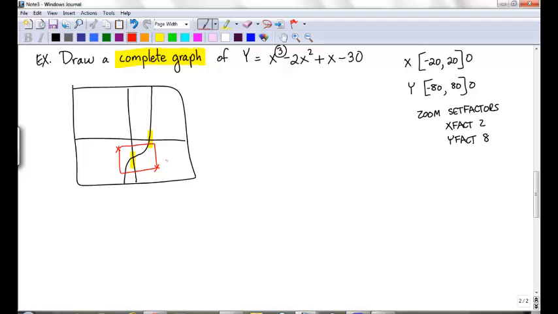Okay. Still not very good. So let's do another zoom box. I might not even have to go back to that. It might already stay in that zoom box. Okay, put a pin down. Use your right arrow. Press enter.